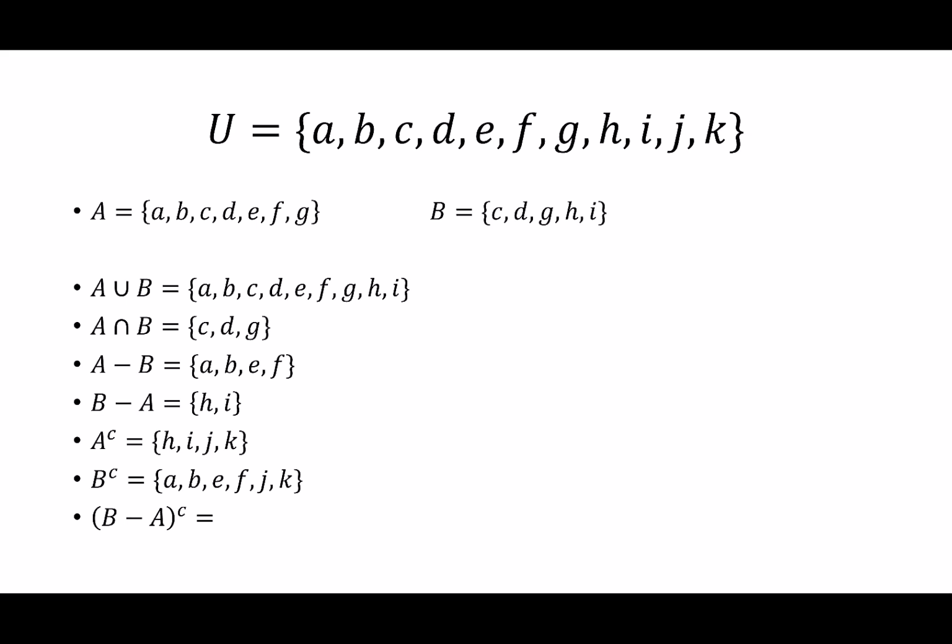Let's do B minus A complement. To do B minus A complement, I first want to go back to B minus A, which we know is H, I. The complement is everything in the universe that's not H and I. That means I have A, B, C, D, E, F, G, J, and K.